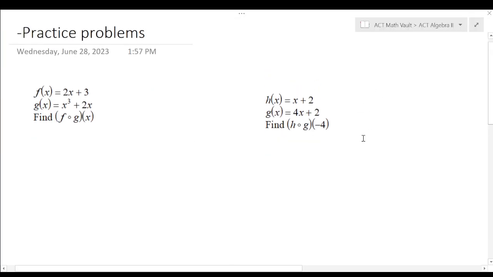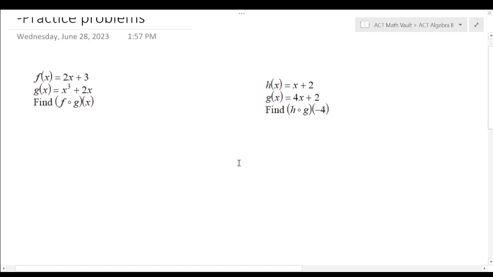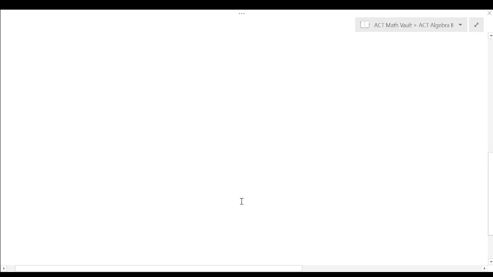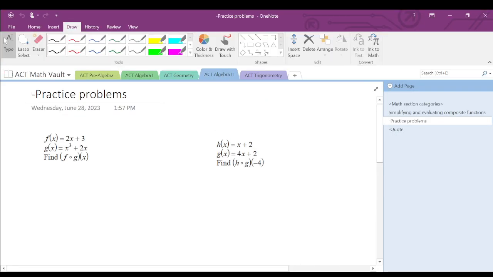You can pause the video if you'd like to see the problems before I show the answers. Okay, answers are there. Once again, first problem has x's involved. The second is just evaluating, meaning find the value of a composite function with the variable now being negative 4.